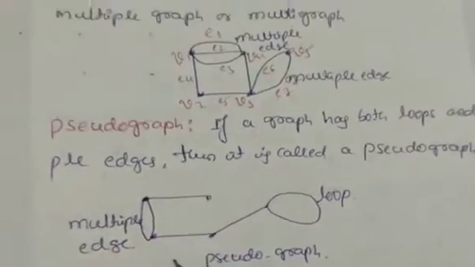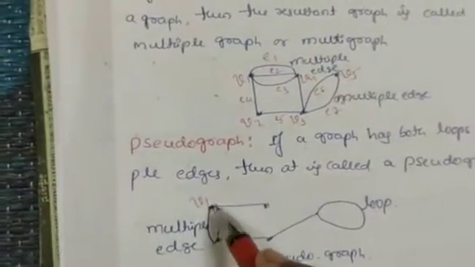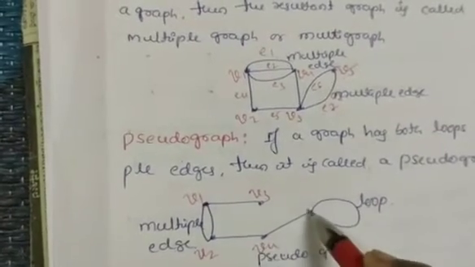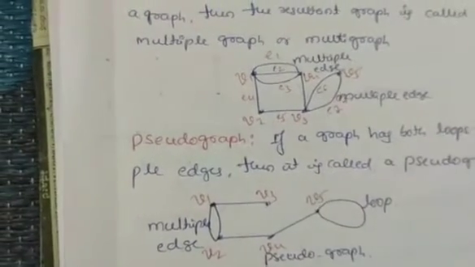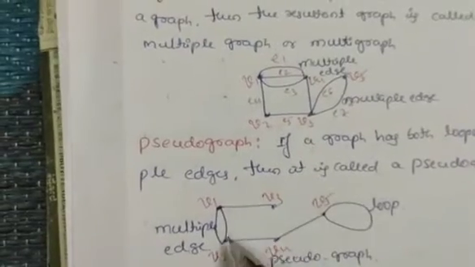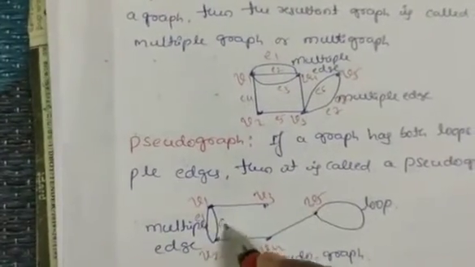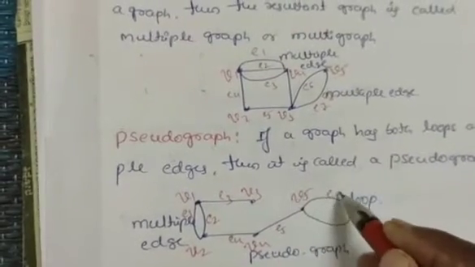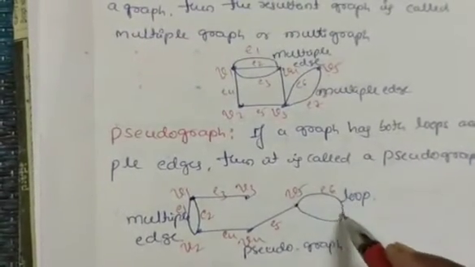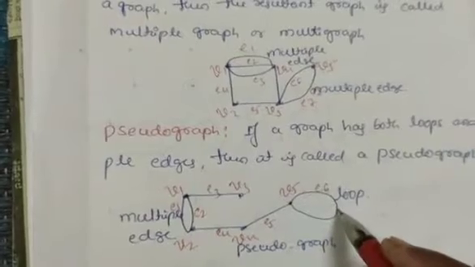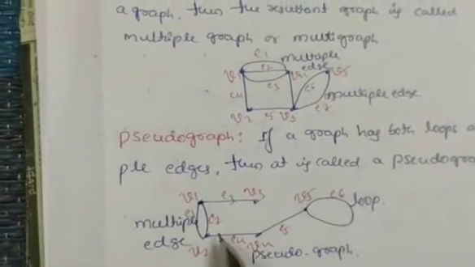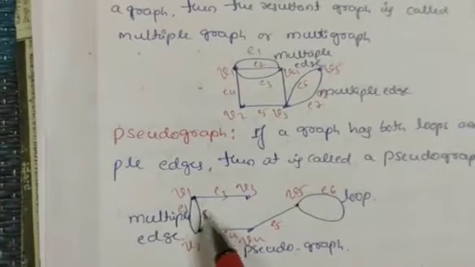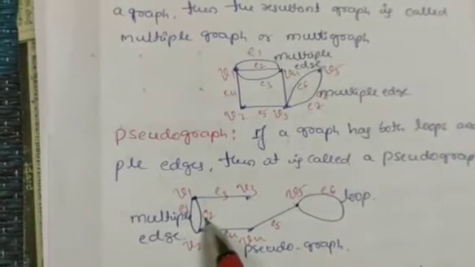For the example, let us take this graph: v1, v2, v3, v4, v5. It has 5 vertices and edges e1, e2, e3, e4, e5, e6, because here it is only one edge, we don't have any other vertices here. This graph has a multiple edge, meaning the vertices v1 and v2 are joined by 2 different edges.